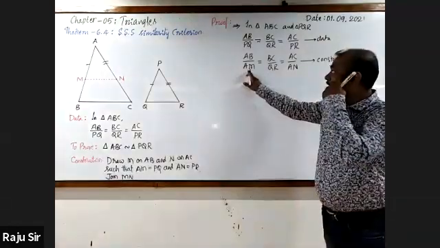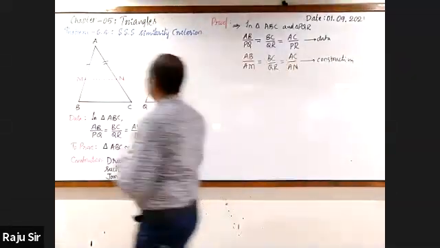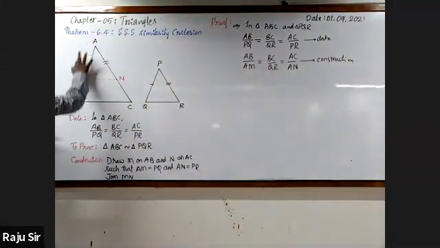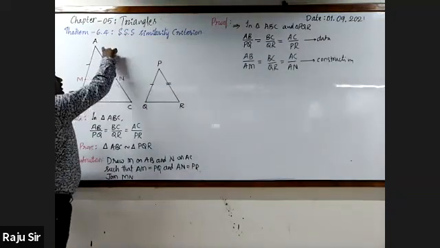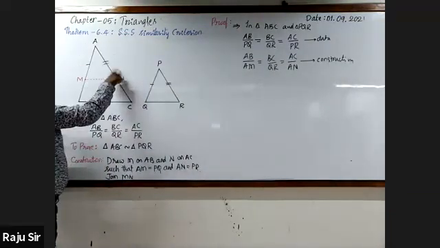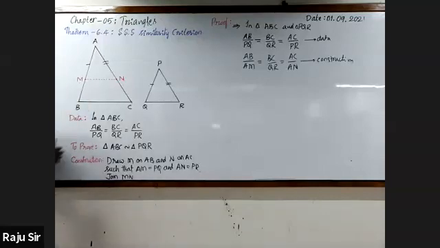Observe here AB by AM, then AC by AN. It is one of the results of BPT. But if you want to use the result of BPT, there must be a line parallel to a side.